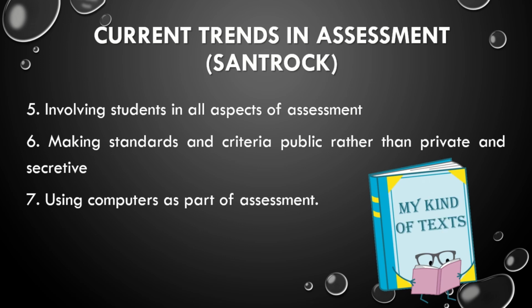Next is making standards and criteria public rather than private and secretive. The evaluative criteria, such as rubrics, are presented and explained at the beginning. Models of excellence aligned to the criteria are shown to provide a clear picture of a desired performance. This may eliminate students' fear or unwelcoming attitude toward assessment.